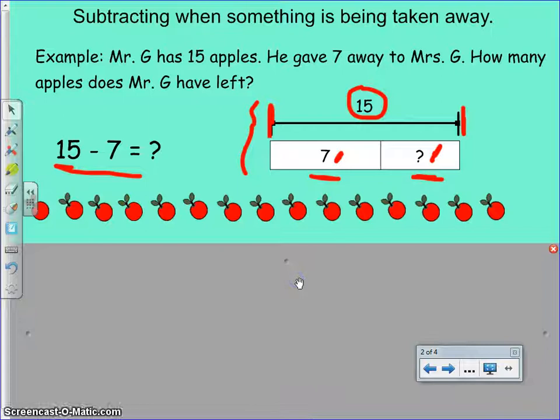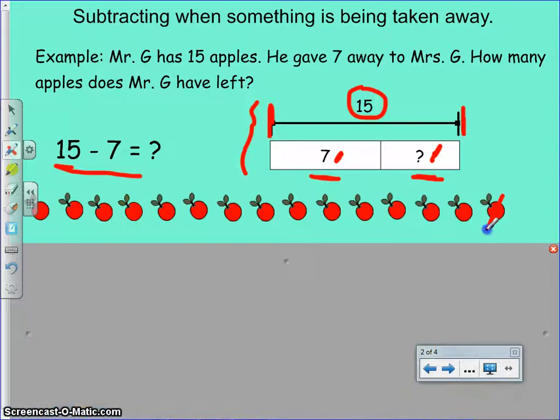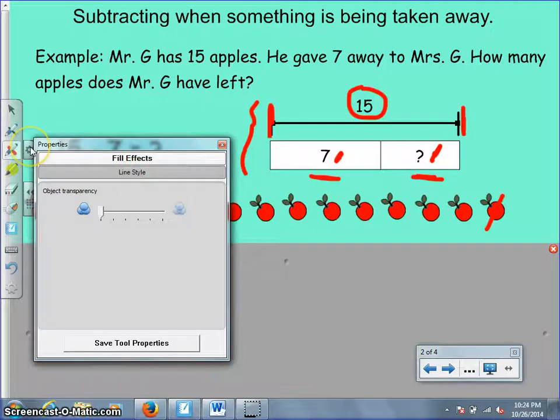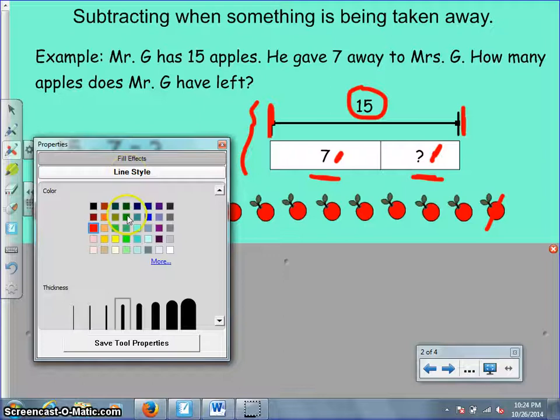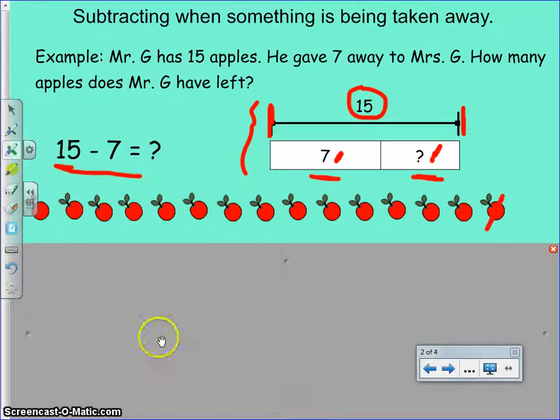using these apples, okay? So right here I have 15 apples, and if I just start taking 7 away, boom. Let's use a different color here. Let's go with green. One, 2, 3, 4, 5, 6, 7.